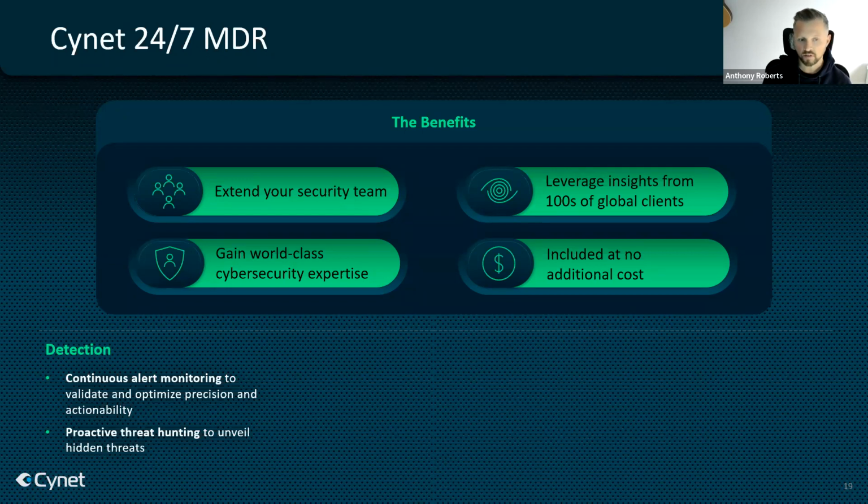You can threat hunt within Cynet yourself, but if you're a team that's low on resources, you've probably not got the time to be looking at alerts and threat hunting. Our 24/7 managed detection and response service will proactively threat hunt. So if we see a new threat, a new piece of ransomware within one of our clients, we can very easily search across all of our customers using the IOCs we've identified to see whether it exists anywhere else.